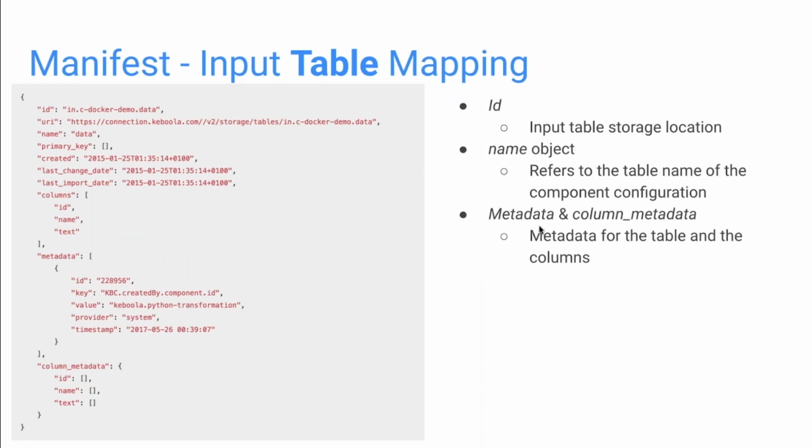After that, there's when the table was last changed, when it was created, when it was imported, and columns, which are the list of columns available in this table. Primary key, what's the primary key of this table in Keboola? They can all be found in this manifest file.